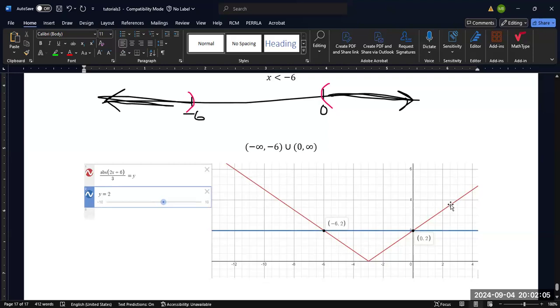Here's my absolute value graph. Here's my line y equals 2. And I can see that this leg of the absolute value is going to be bigger than 2 when x is a value that is to the left of -6, so less than -6. And also it will be greater than 2 when x is a value that is greater than 0.